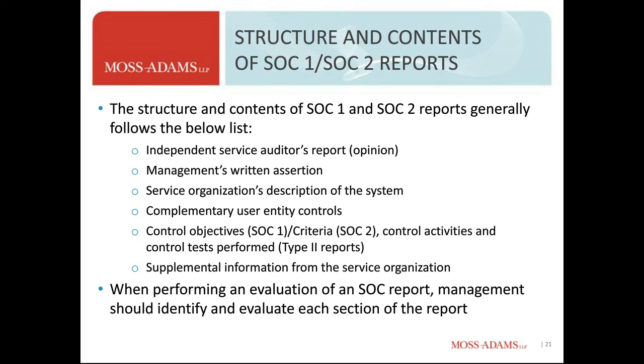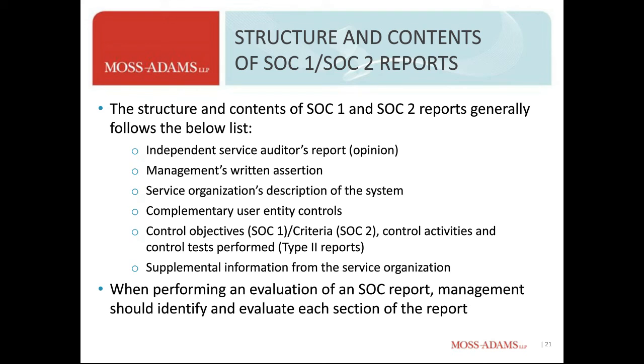So then when we start to think about the structure and content of the SOC 1 and SOC 2 reports, they generally follow the same structure in every report, and they'll include an independent service auditor's report, which includes their opinion, management's written assertion, the service organization's description of the system, the complementary user entity controls, and then the control objectives for SOC 1 and the criteria for SOC 2, and both will include the control activities and control tests performed.